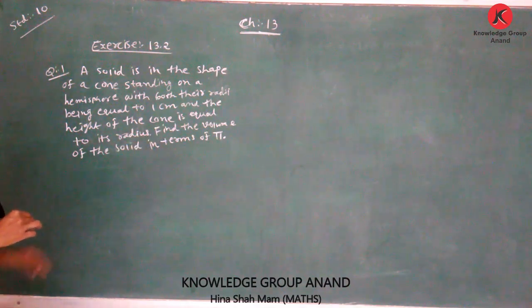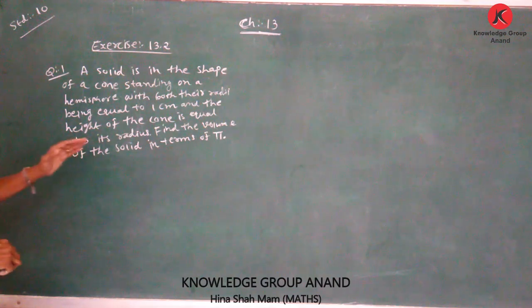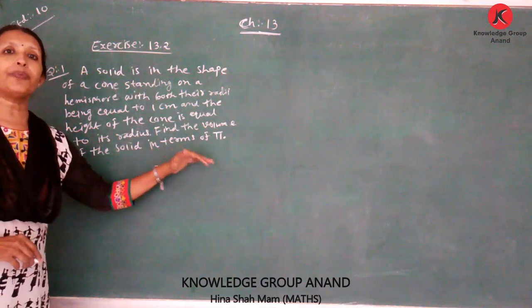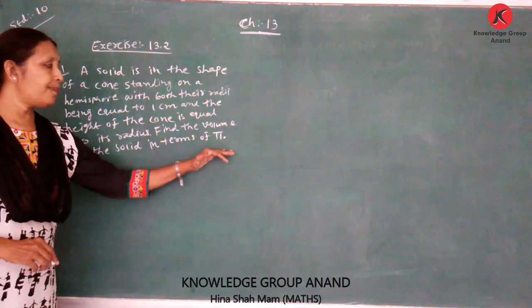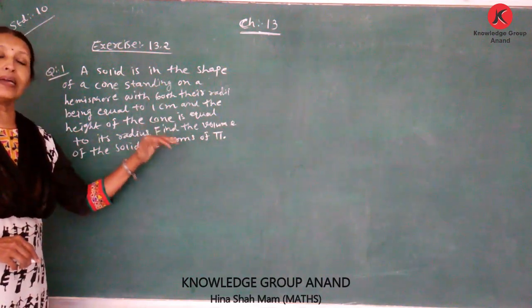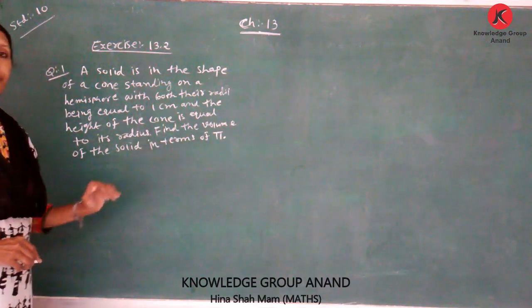Find the volume of the solid in the terms of pi. In this question, we do not put the value of pi. We find the answer in the terms of pi.